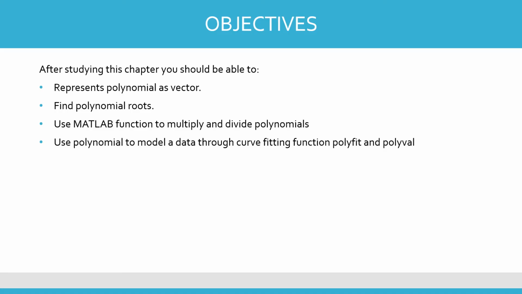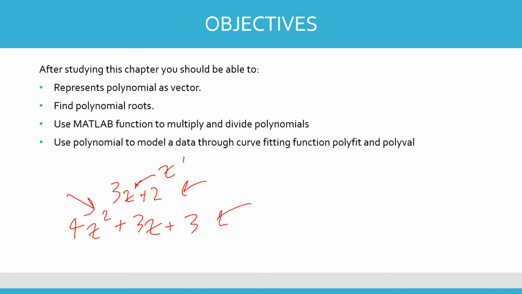Before we continue, I just want to show what a polynomial is. If you recall, a polynomial is something like 3x plus 2. This is a polynomial of order 1, with x to the power of 1. For example, 4x squared plus 3x plus 3 is also a polynomial, but with degree 2.